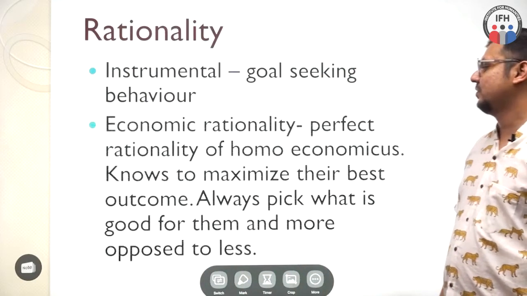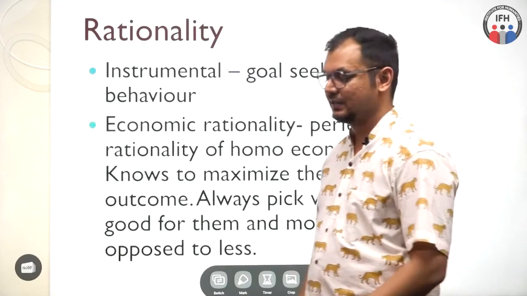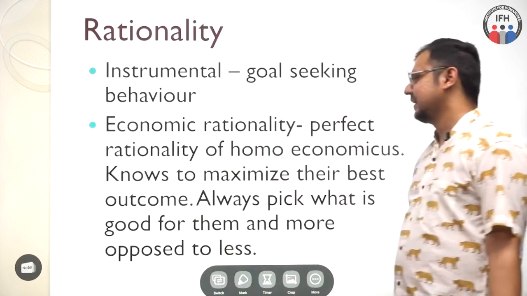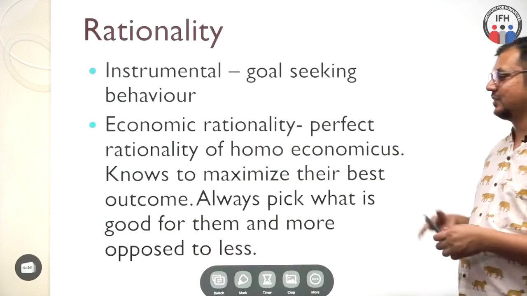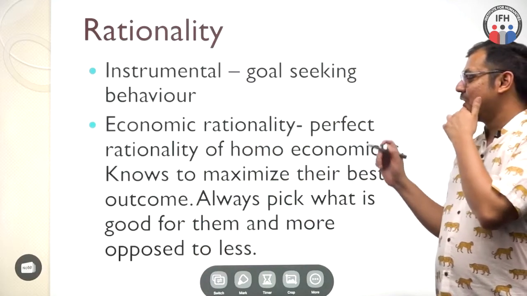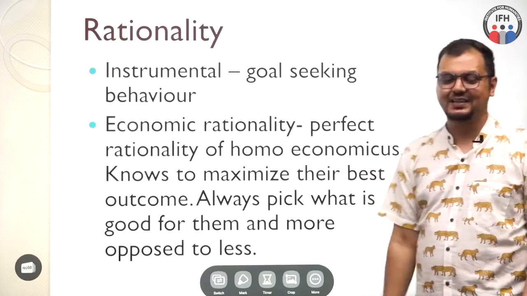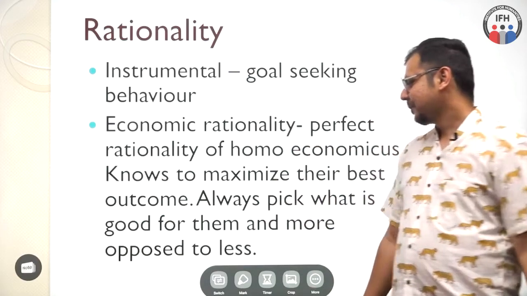In economics, however, we build a little bit more on that. We have a narrower, or stronger, definition of rationality. Economic rationality, at least through the tradition that has prevailed through the years, talks about the perfect rationality of Homo economicus, the perfectly rational economic agent.